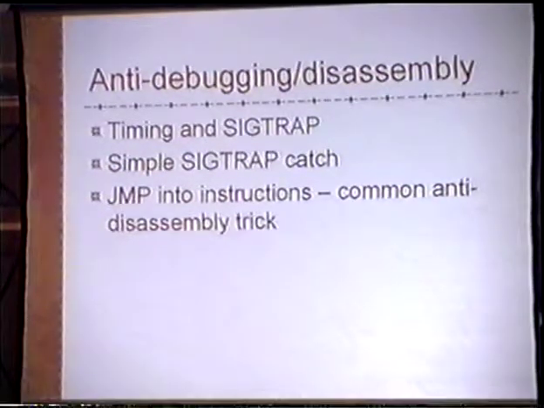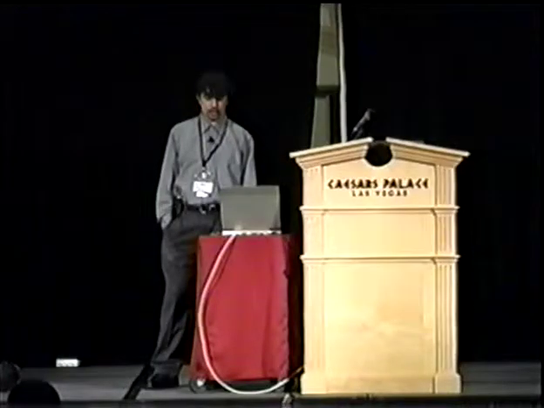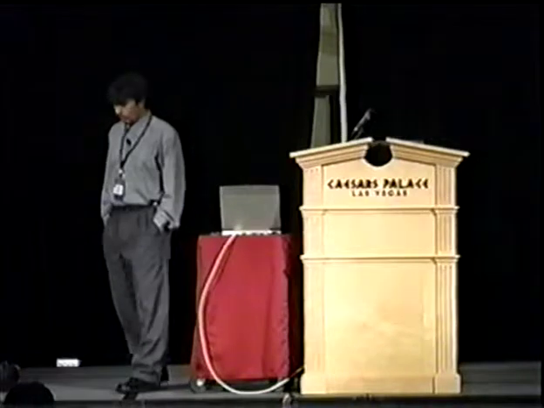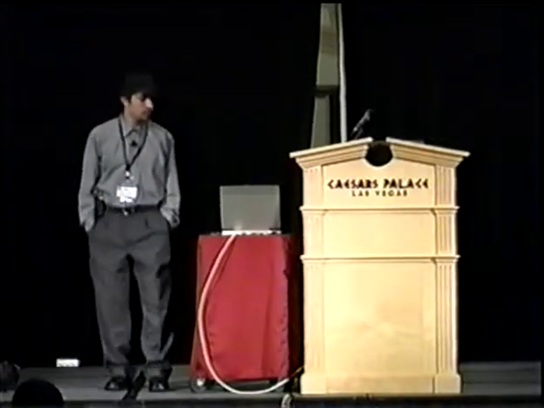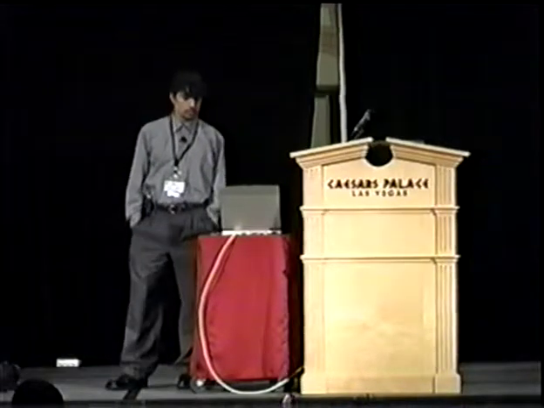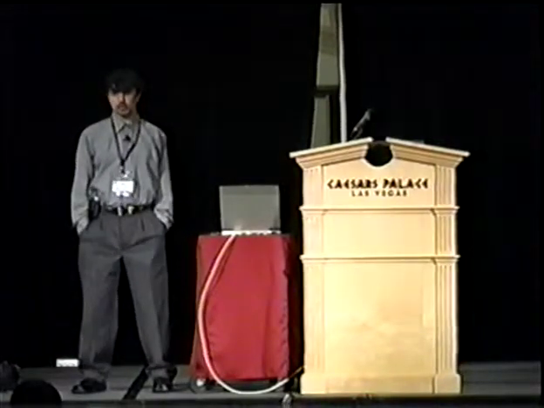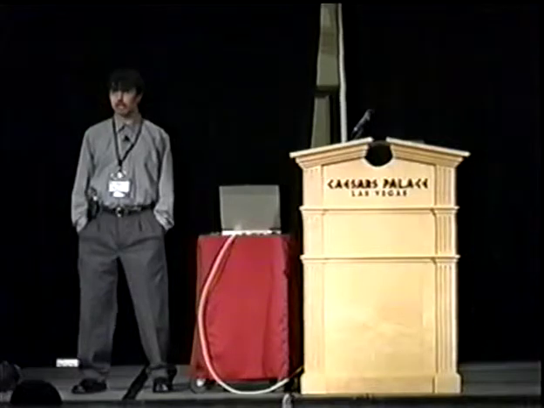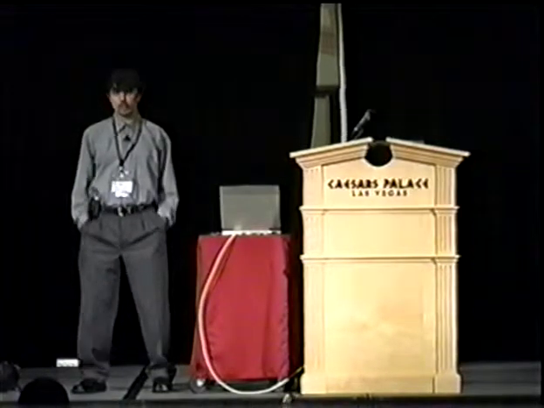As for anti-disassembly, this is a really old trick, and it's been around for years and used by a lot of people. But on x86, or a lot of CPUs that don't require a fixed instruction length and don't require any alignment for those instructions, you can do a trick which I call jumping into instructions. If you have an instruction that should be 8 bytes long, the first 2 bytes could be whatever valid data it is, and the last 6 could be code that continues on.